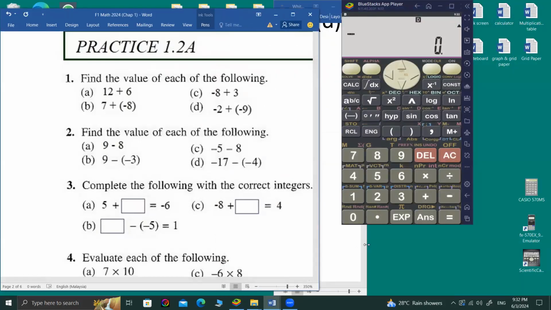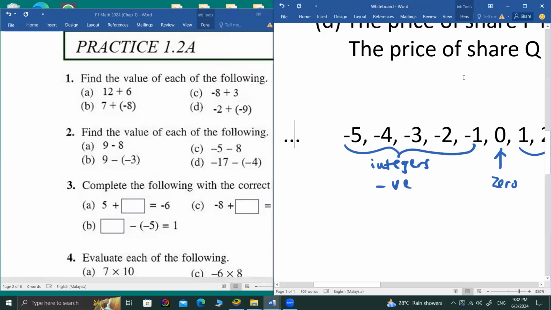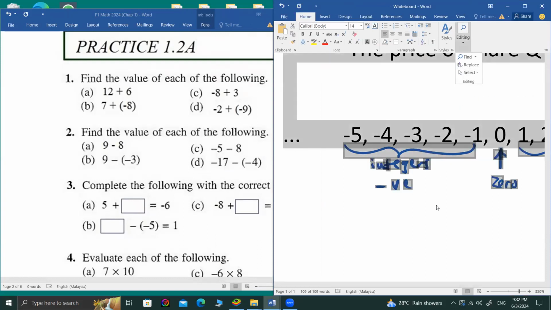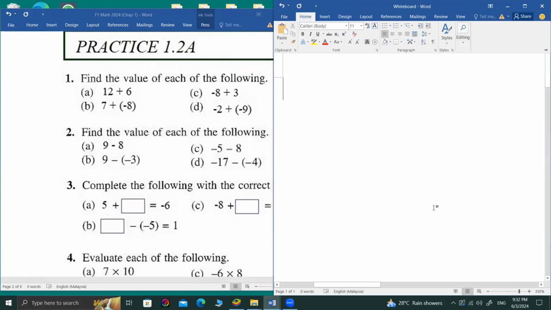Because sometimes in an exam, the question might say, without using calculator. So you must show the steps without using a calculator. Some questions you can use it, some cannot. So I want you to understand the situation first. Later, for sure you can key in the calculator and get the answer. But sometimes in an exam, they give you more than 1 mark. If you use a calculator, it is one step only to get the answer, so you can't get full marks.